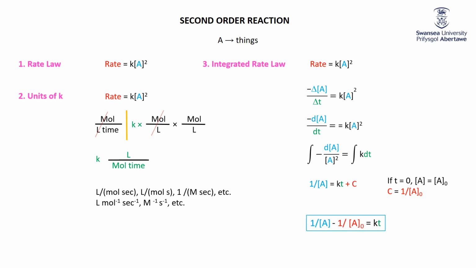Pop that in and rearrange it a little bit, and we get the nice integrated rate law for a second order reaction: 1 over the concentration minus 1 over the initial concentration equals kt. Again, I hope you can see we've got concentration on one side, we've got t on another.